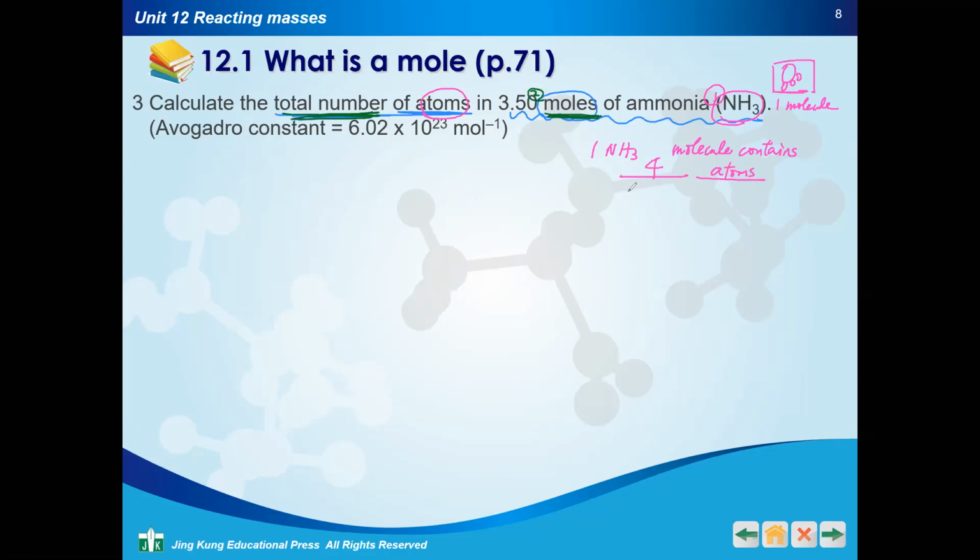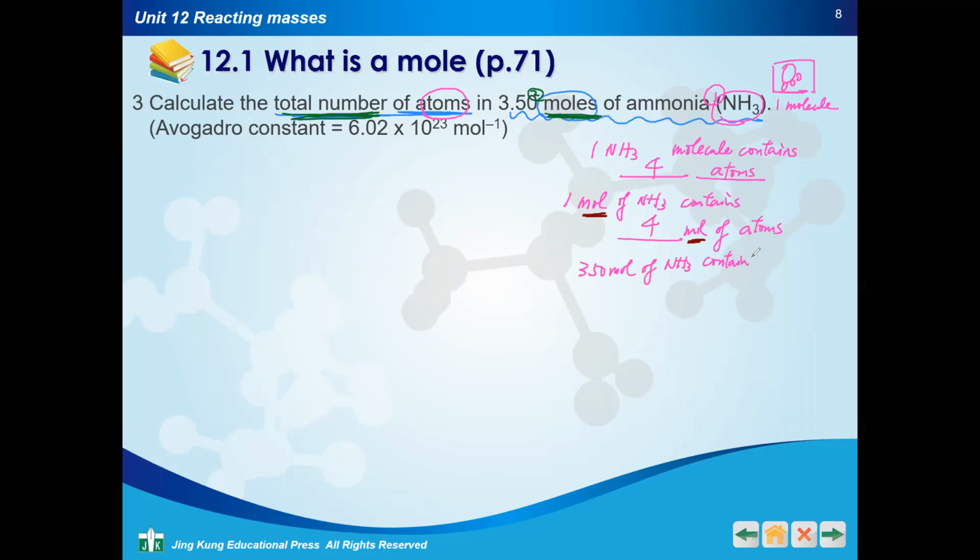So what will happen if I say that 1 mole of ammonia will contain how many moles of atoms? Yep, still 4. Why? Because I just add the word mole here. Can you get the whole logic? How about 3.50 mole of ammonia molecules?